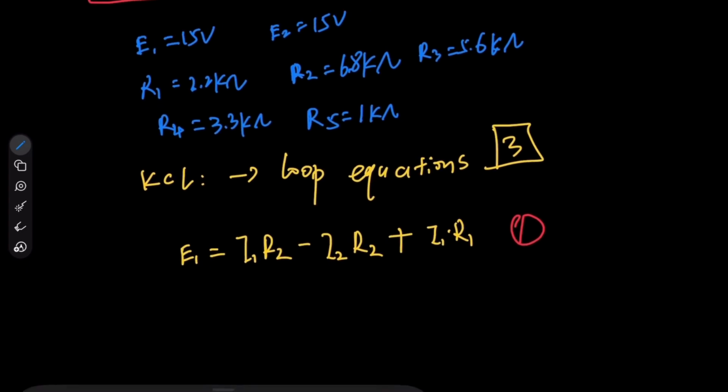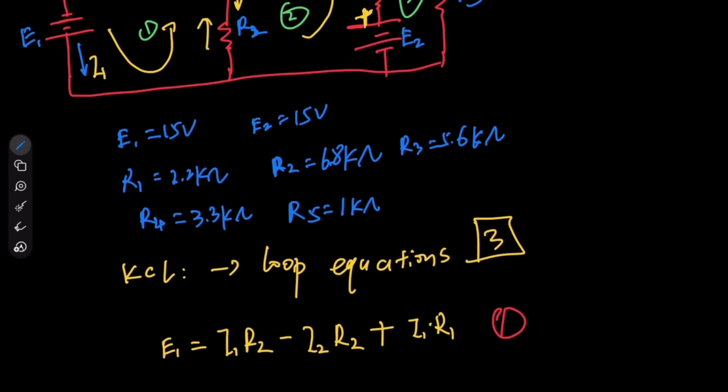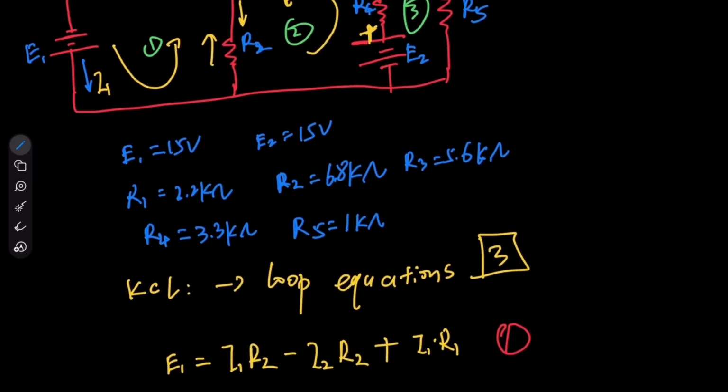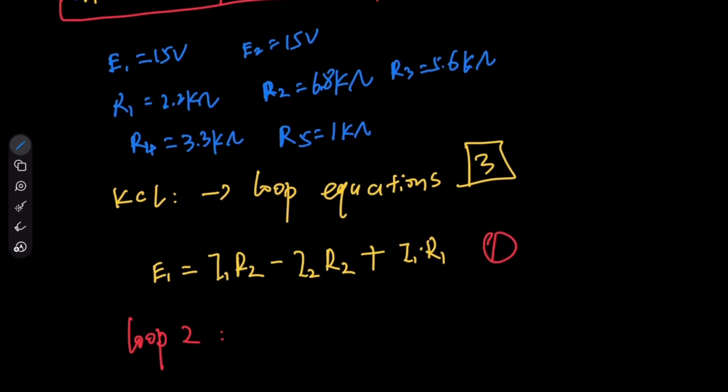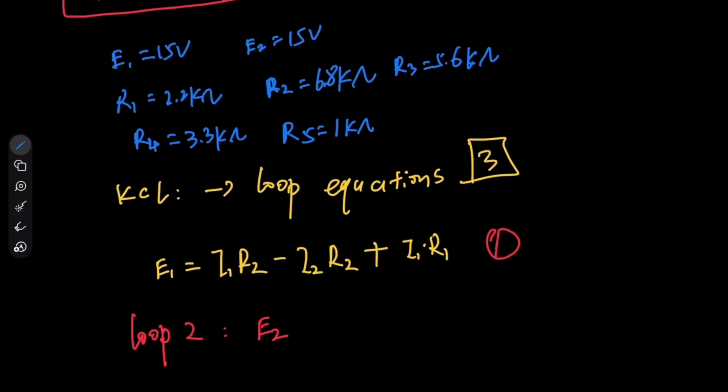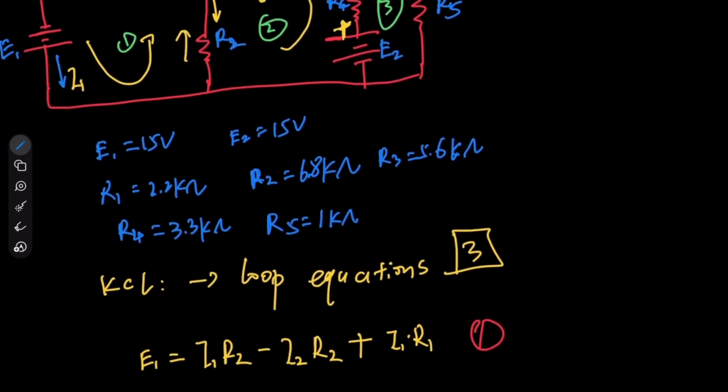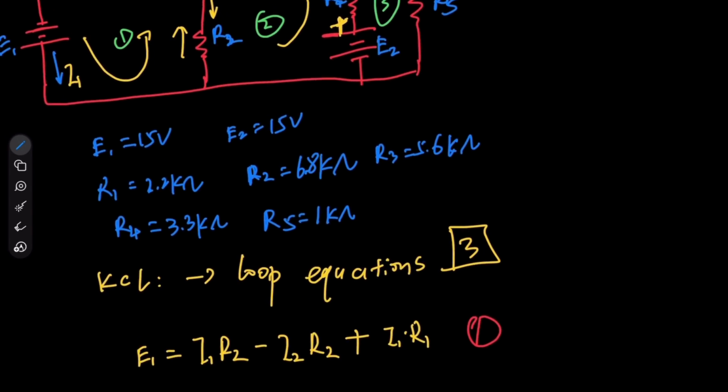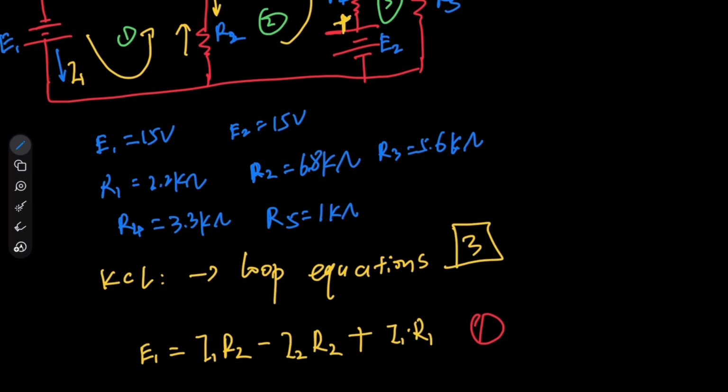And for loop 2, we will have the power source and R4, R3, R2. So E2, starting from the positive side, E2 equals, so we will have I2 going up. So I2 is this direction, I3 is also this direction.